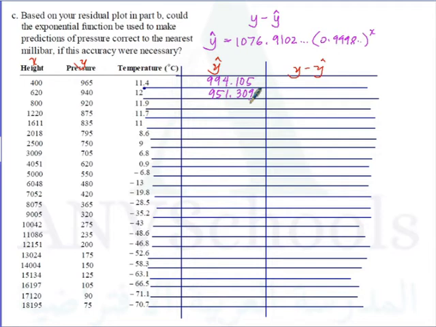And then my x is 800. So this would be 917.668. And when my x is 1220, that's 843.725.